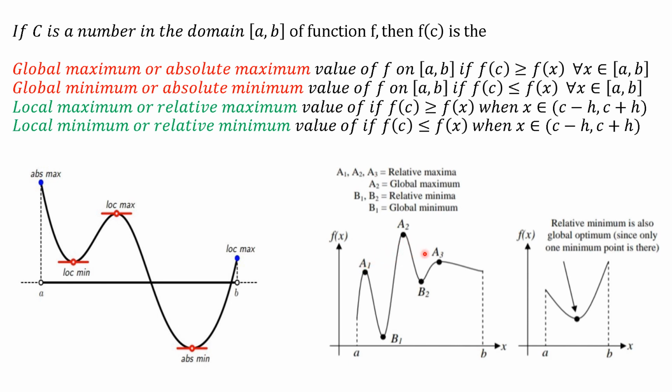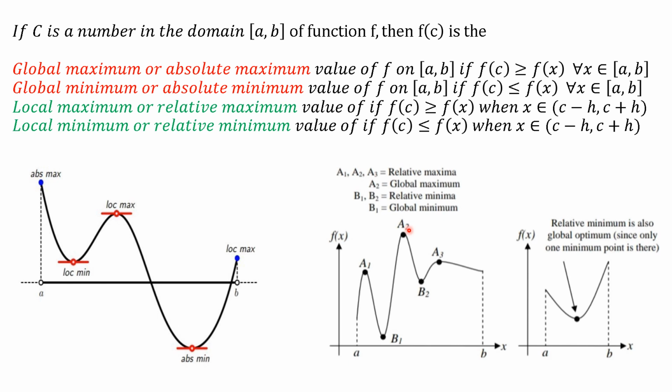But in local or relative maxima we were not concerned with this; in absolute or global maxima and absolute or global minima, we were concerned. Out of all these values, A1, A2, A3, which is the greatest? Here A2 is greatest.